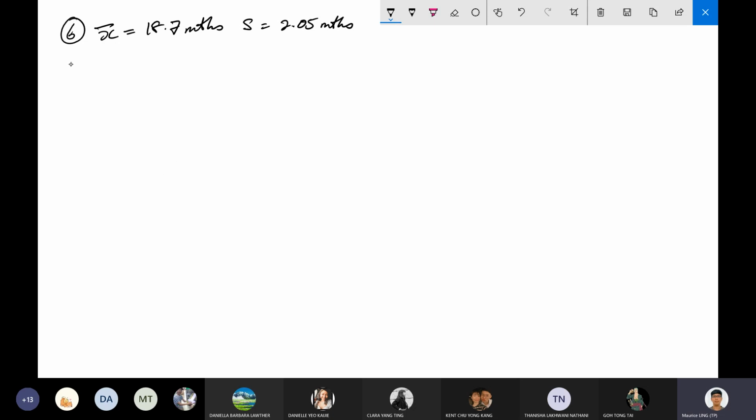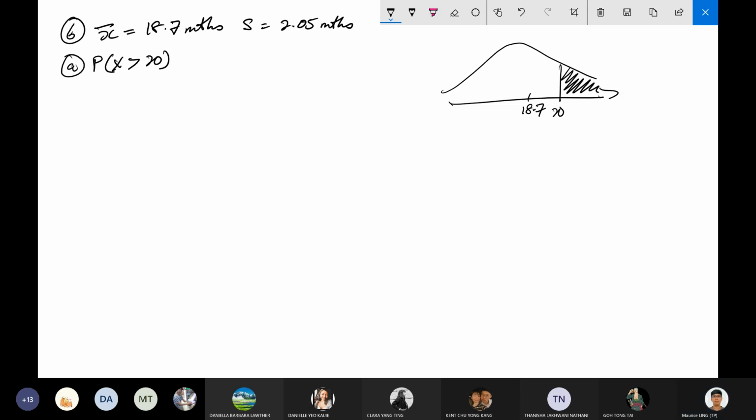So question A asks you what is the probability that a particular tracker has a lifetime of more than 20 months. Okay, so if you draw a graph, you are going to have 18.7 here, so 20 is here. You are going to find this area.